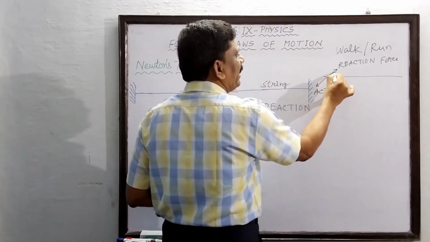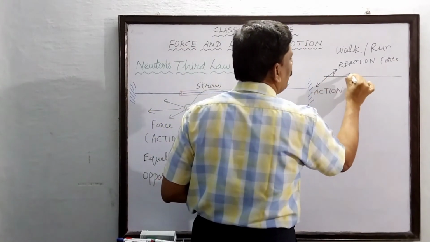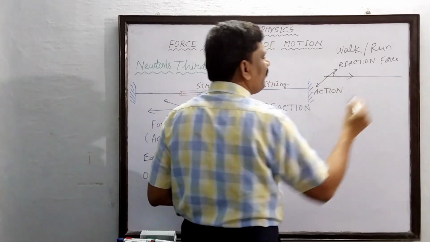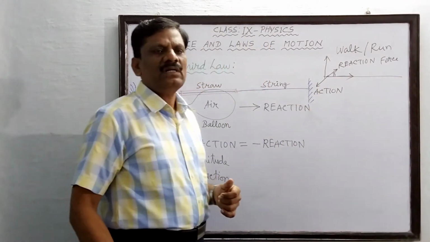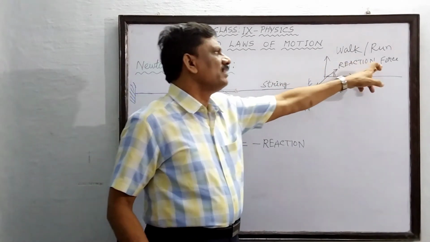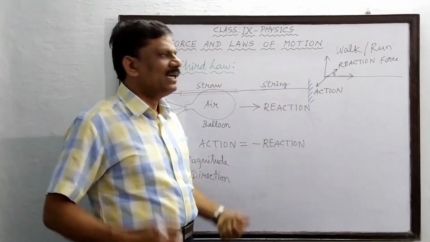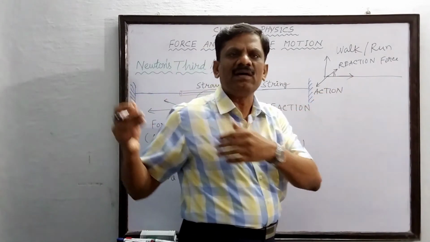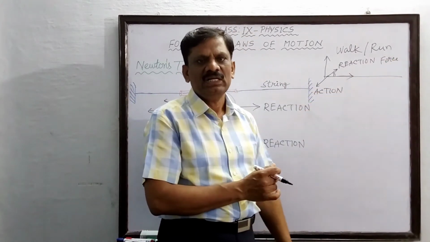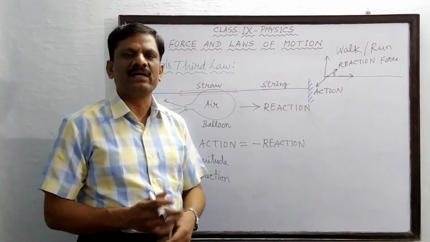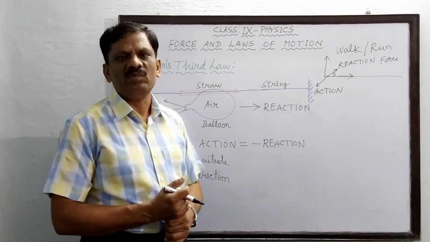It makes some angle with the ground so that one component of this reaction is in the forward direction, and the other component is in the perpendicular direction. The perpendicular component of this force will balance our weight, and this horizontal component of the reaction force will take our body in the forward direction. So walking is also possible because of Newton's third law of motion.